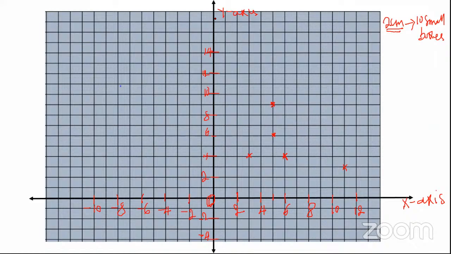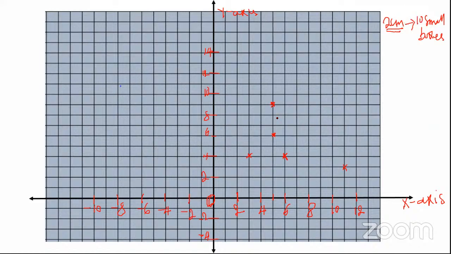So is the plotting okay of the X and Y? Okay, hoping that silence means yes for others.